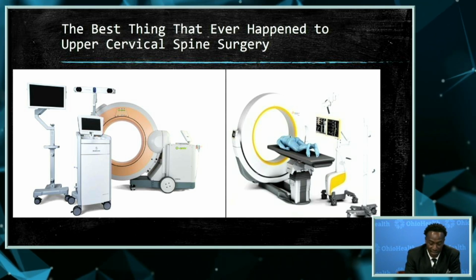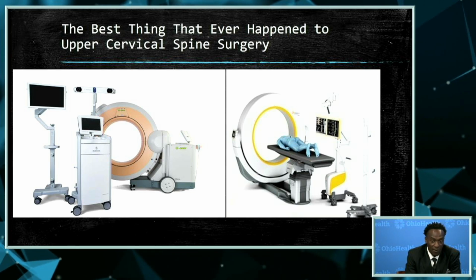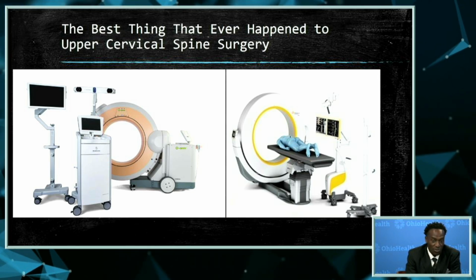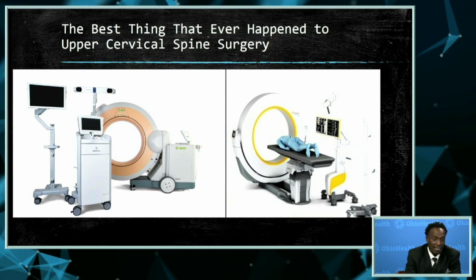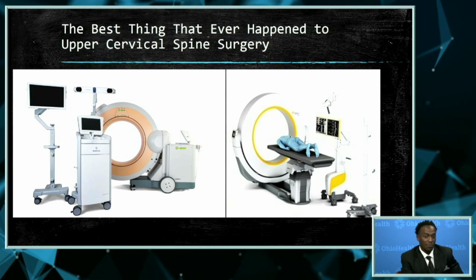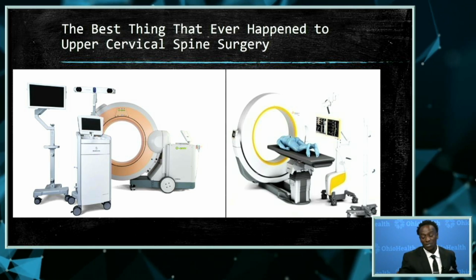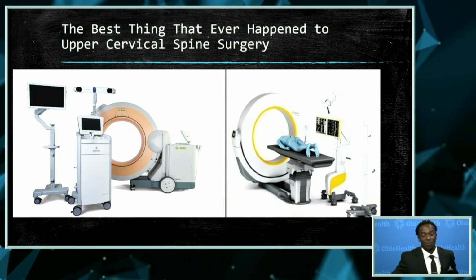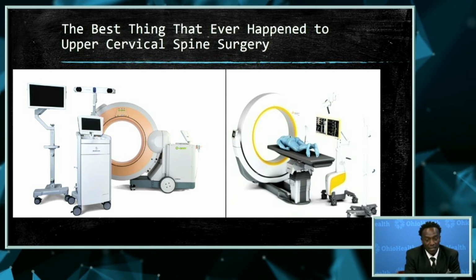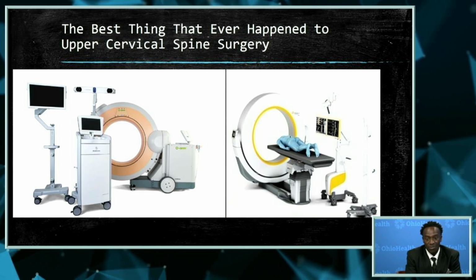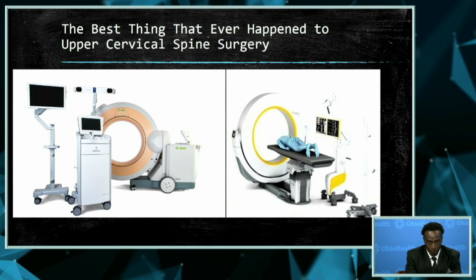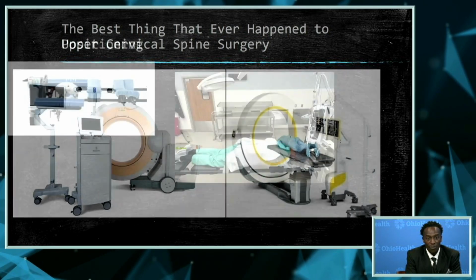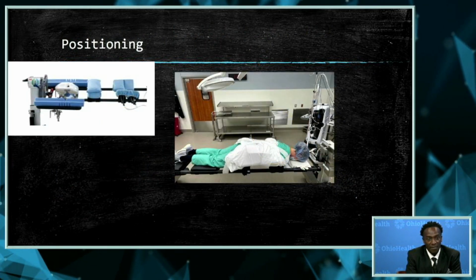But this stuff has increased efficiency, decreased our surgical time significantly, decreased blood loss, better outcomes, better accuracy. A C1, C2 fixation is typically probably a 45-minute to 1-hour surgery at the most. So typically about 45 minutes or so.